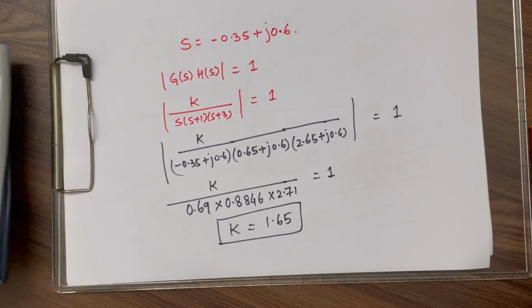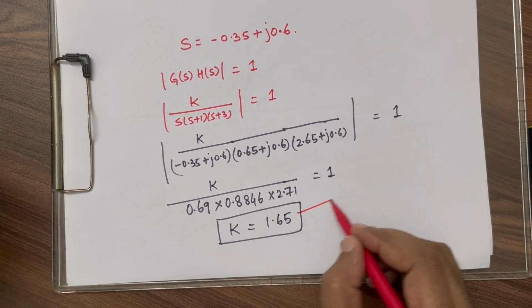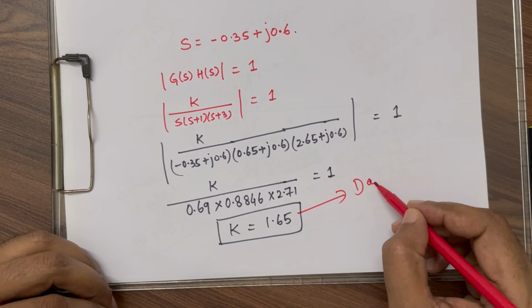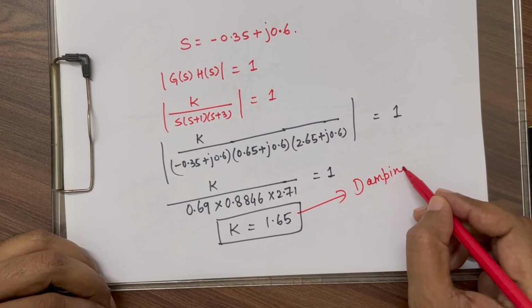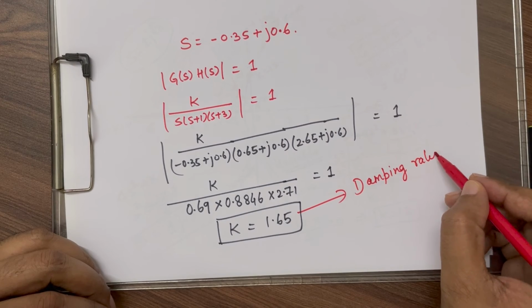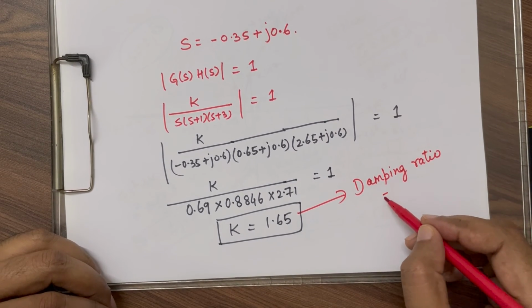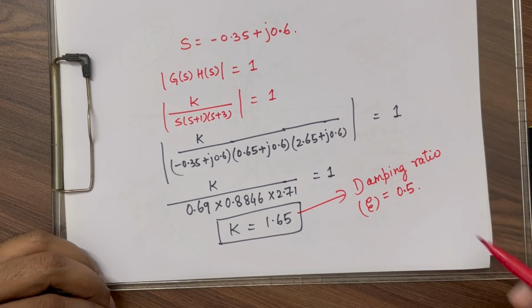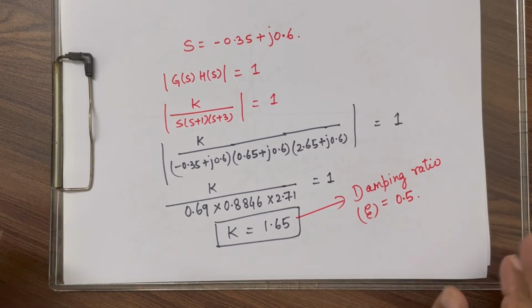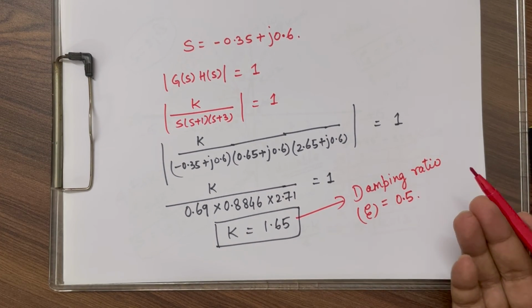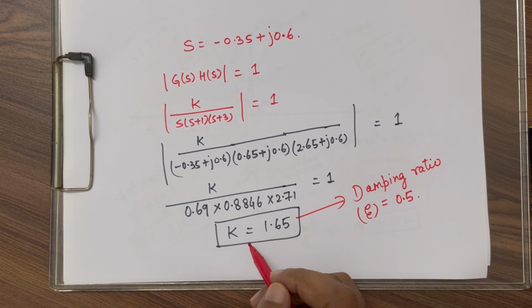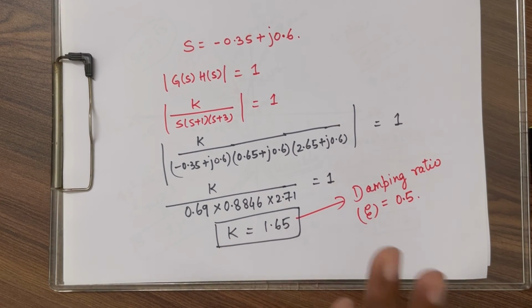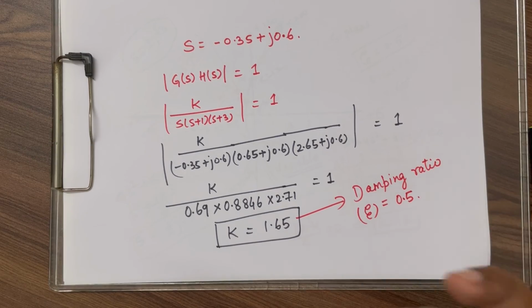So the value of 1.65 will give you a damping ratio equal to 0.5. So in a similar way we can find out other damping ratios and the corresponding value of k also for a stable system. As we know that if there is damping, it is a stable system.